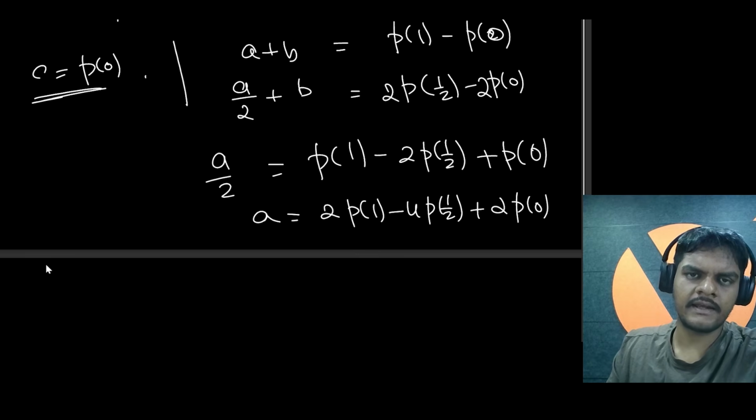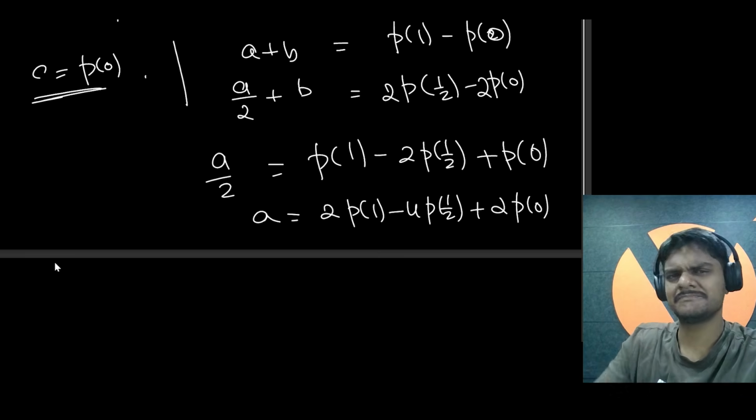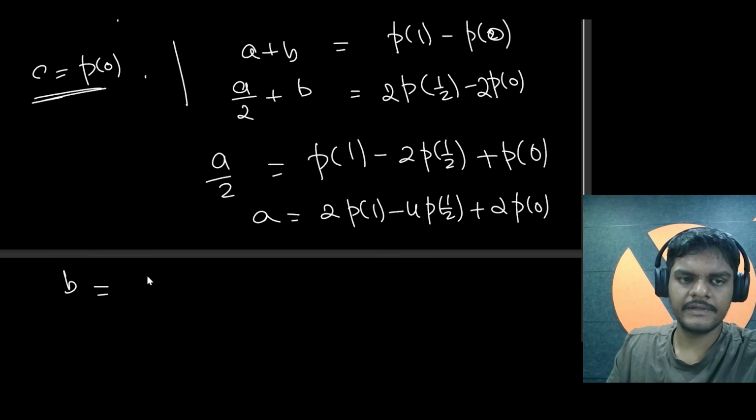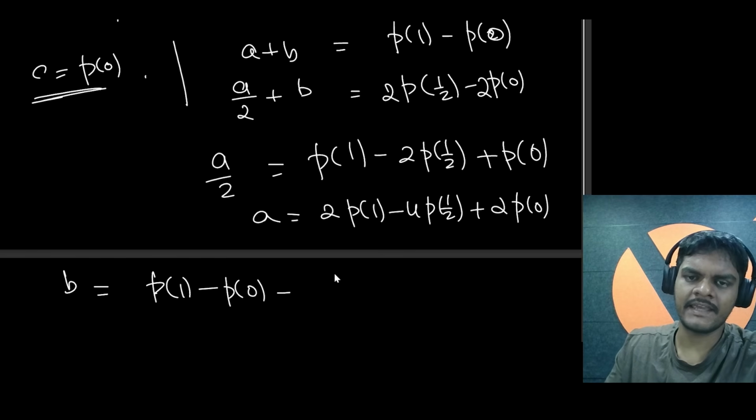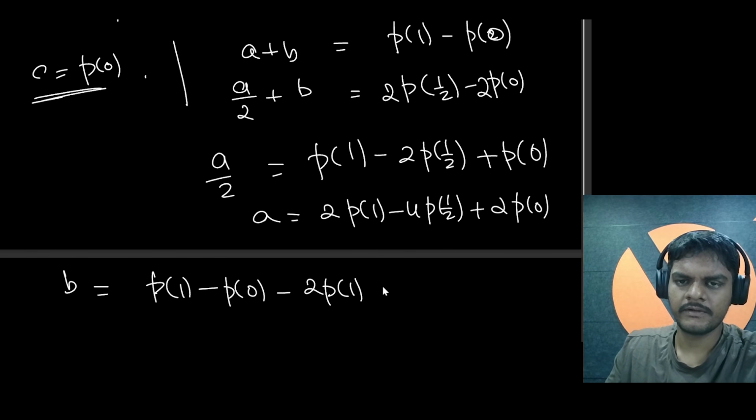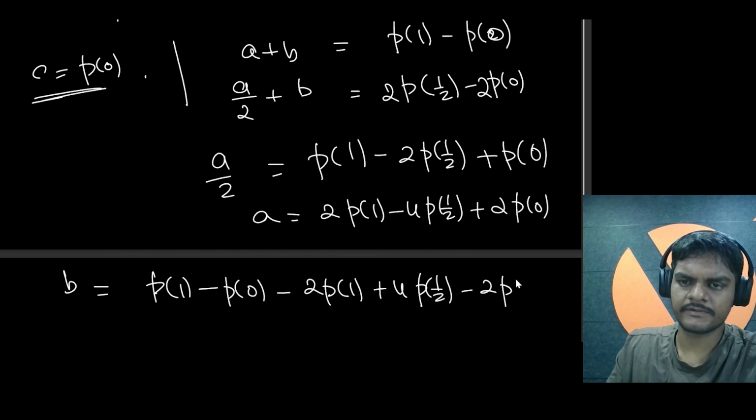Okay, and hence B will be P of 1 minus P of 0 minus A. So minus 2P of 1 plus 4P of 1 by 2 minus 2P of 0.